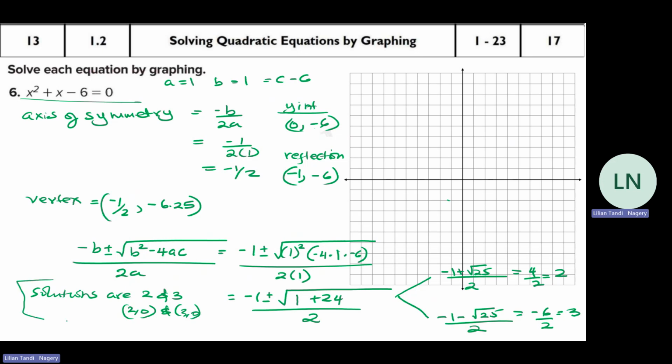Okay, after you find your solutions, that means your graph... No, this will be -3, not 3. -3 and 2. So -3 and 2. Always write the smaller value first. Okay, so you look for a graph that is here with a dot here and a dot here. Okay.